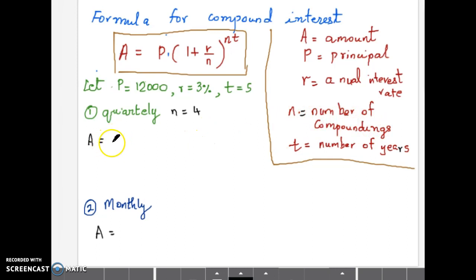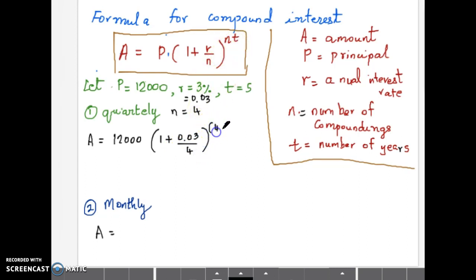So let's figure this out. All you have to do is put it directly into your calculator, just like that. So A is, instead of principal, I'm going to put 12,000 parenthesis 1 plus the rate. Change the rate to a decimal, 3%. We know 3%, when you change it to a decimal, is 0.03, correct? So instead of r, we can plug in 0.03 divided by, instead of n, we know n is the number of times it is compounded, which is 4 here, to the power of n times t.